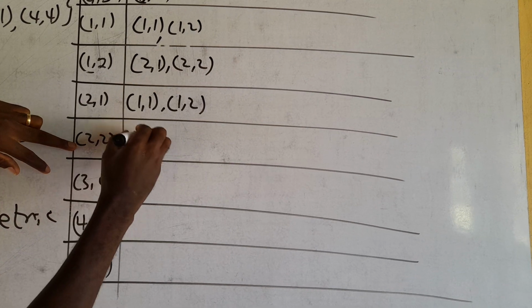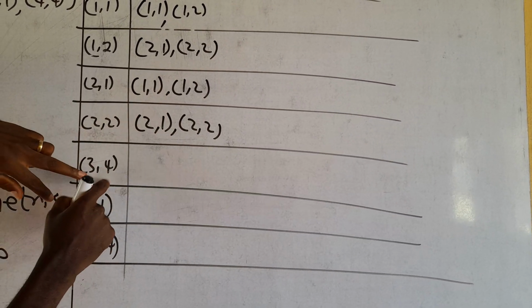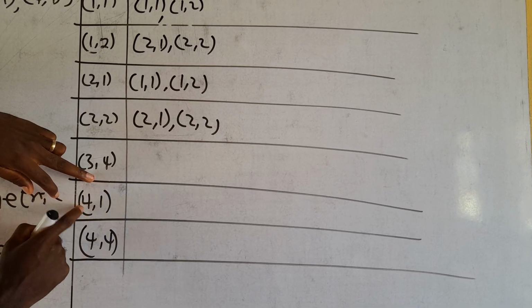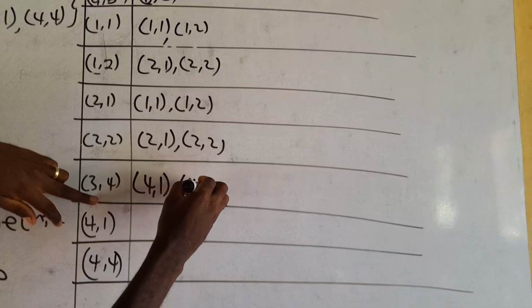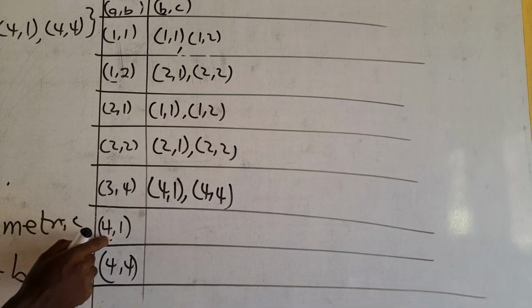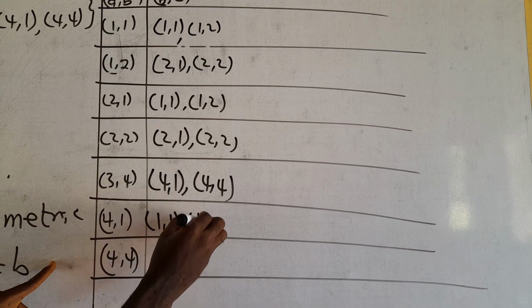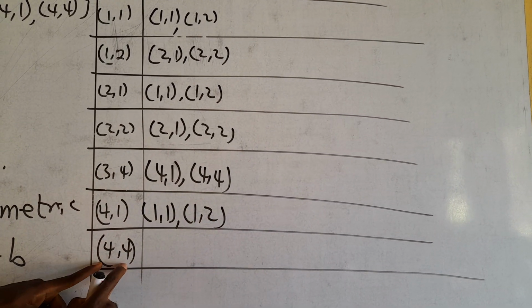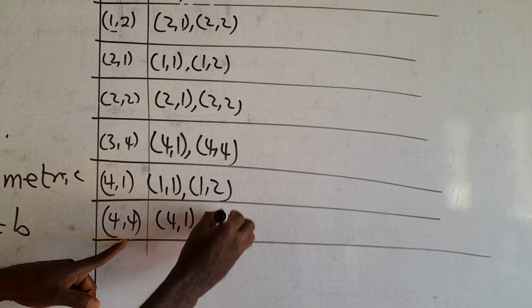For (2, 2), the ordered pairs that 2 begins: (2, 1), then (2, 2). For (3, 4), the ordered pairs that 4 begins: (4, 1) and (4, 4). For (4, 1), the ordered pairs that 1 begins: (1, 1) and (1, 2). For (4, 4), the ordered pairs that 4 begins: (4, 1), then (4, 4).